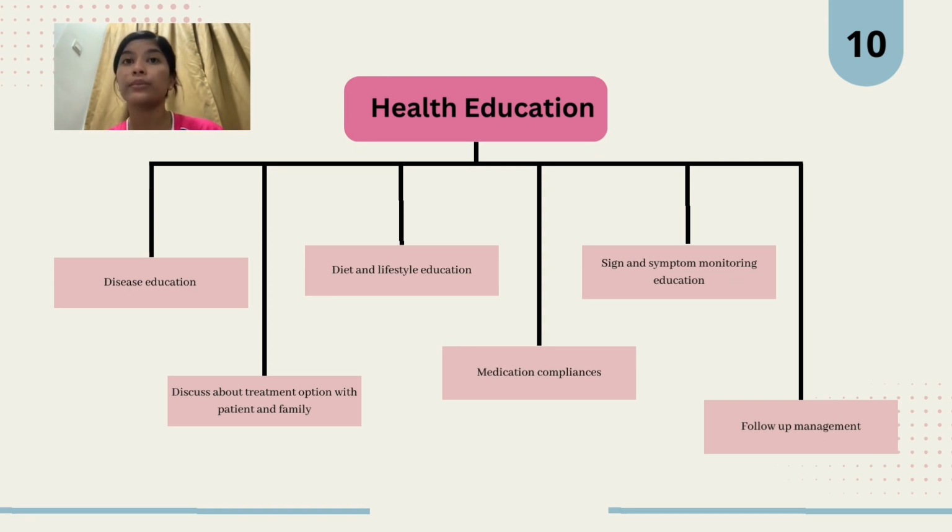And then the patient also needs to be educated on detecting the signs and symptoms related to respiratory distress. This is to ensure early recognition for the patient to seek immediate medical attention and prevent complications and to improve the outcomes.